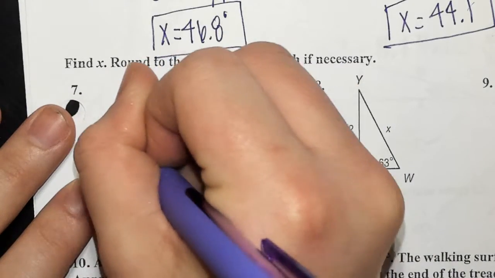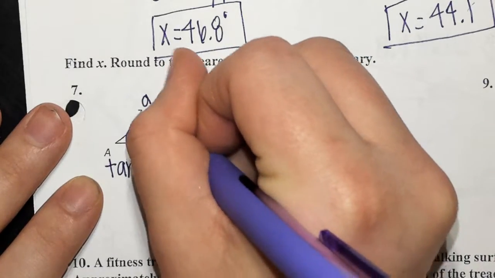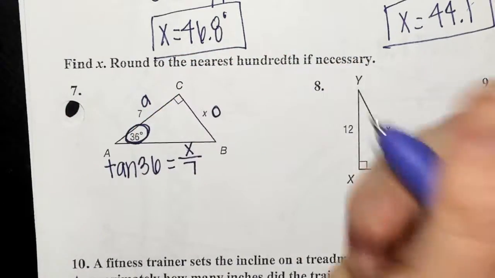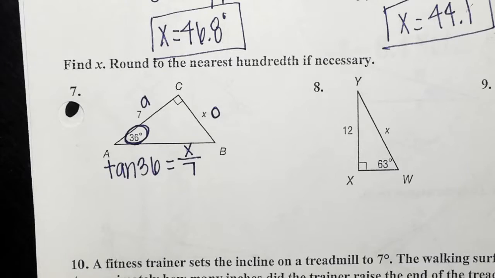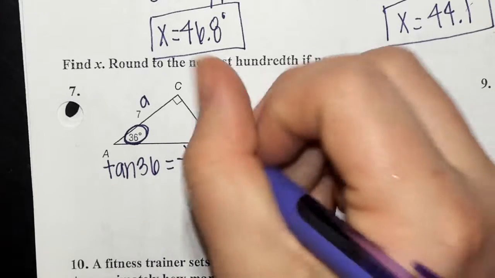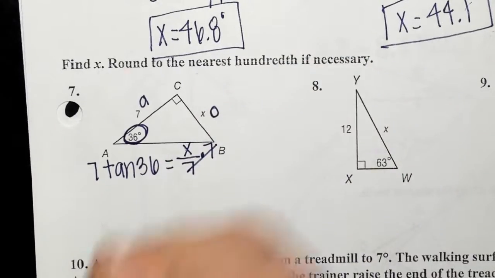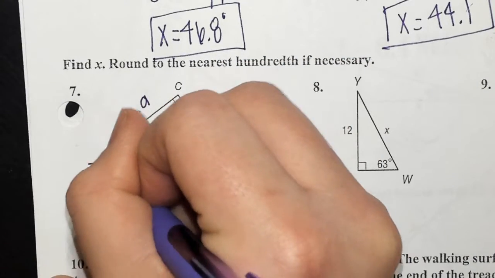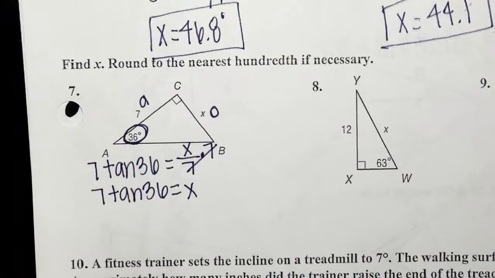It's going to be tangent of 36 equals O divided by A, which is x divided by 7. Now, this is just an equation that we get to solve. How do we get x by itself? Multiply both sides by 7. This cancels. So plug 7 tan 36 into your calculator, and you'll have the side of x.